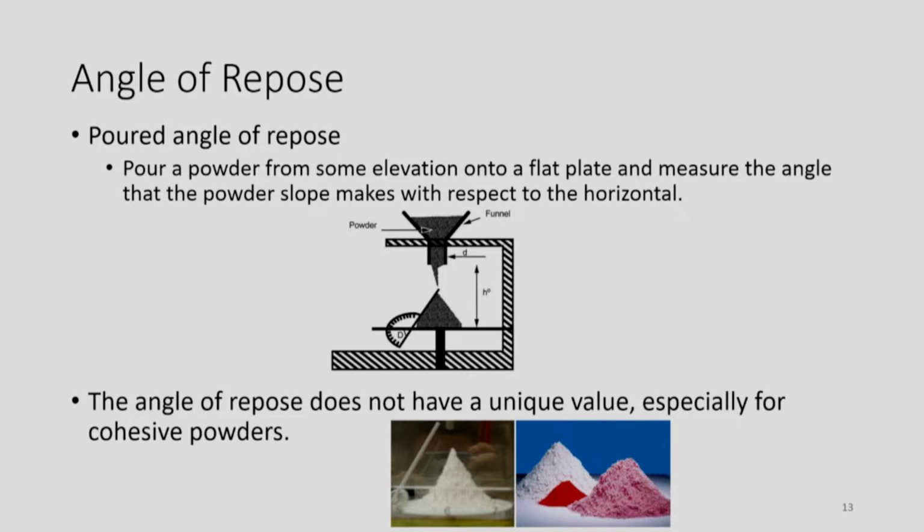For example, if you take this powder, you might see more than one angle on that pile. So which value is the angle of repose of your powder? It's very difficult to determine, right? So that's why it gives a qualitative indication, but not a quantitative measure that you can use for design purposes.